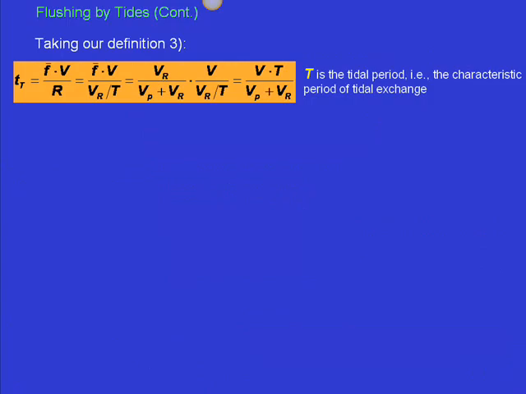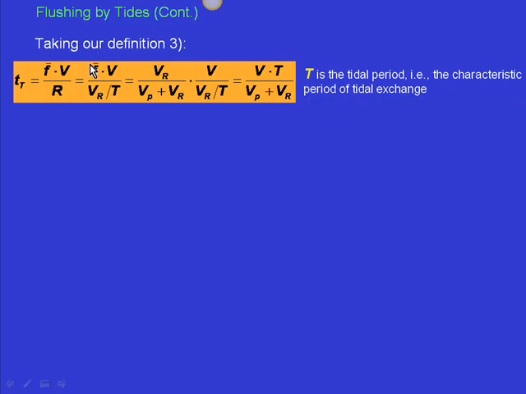So again, we used the previous definition for freshwater fraction, and using the definition that residence time equals this relationship, we have here that the river discharge equals the volume of fresh water divided by time, and this capital T will be a time period that we'll define as the tidal period. So we'll call T the tidal period, which is the characteristic period of tidal exchange. So we can redefine this river discharge as a function of the freshwater volume and the tidal period.